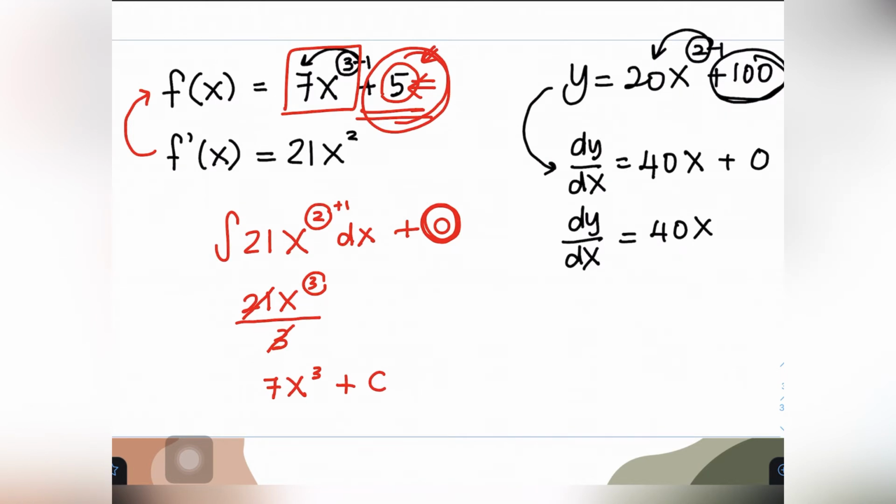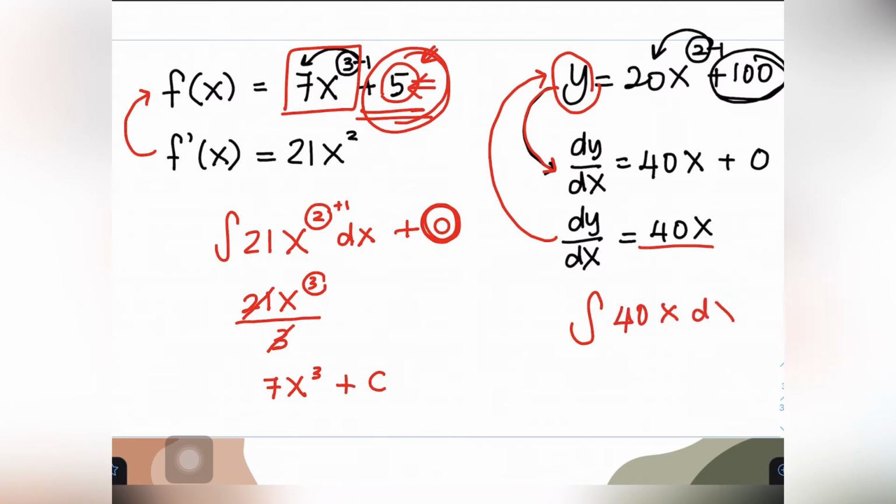So every time you want to return this equation into its original equation, because you have done a process of differentiation here, if you want to return back to y, what you need to do is integrate your 40x with respect to x. When you integrate 40x with respect to x, the first step, you need to plus your power with 1.